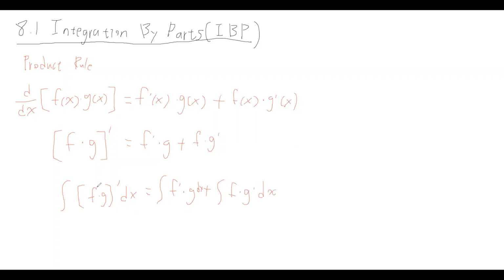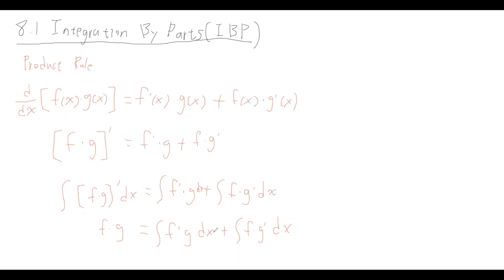Now on the left hand side, by the fundamental theorem of calculus, this is just equal to fg. And of course, there is some constant if it's an indefinite integral, but let's worry about that later. So fg is equal to the integral of f prime g dx plus the integral of f times g prime dx. Now I'm going to move one of them to the other side.